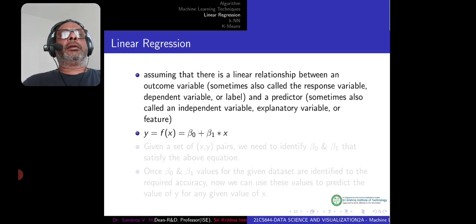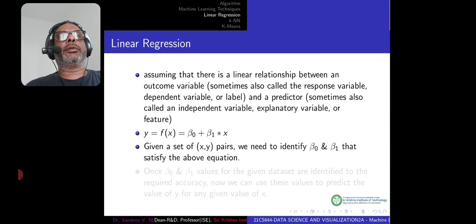Here, m is replaced with beta 1 and c is replaced with beta naught. So beta 1 talks about the relationship between y and x, that is the slope of the function, and beta naught talks about the intercept where it crosses y, that means when x equal to 0, the value of y.